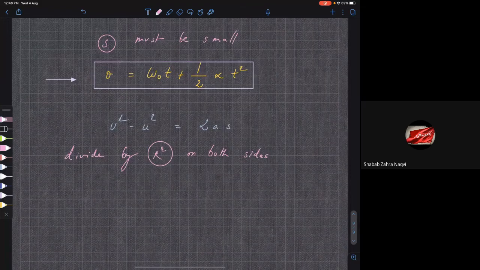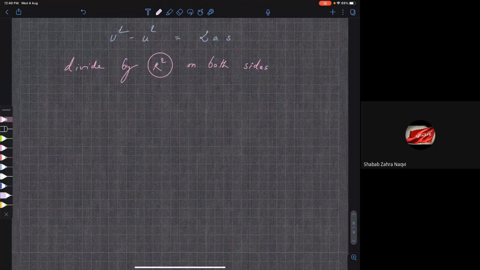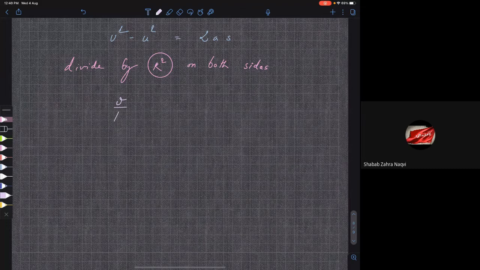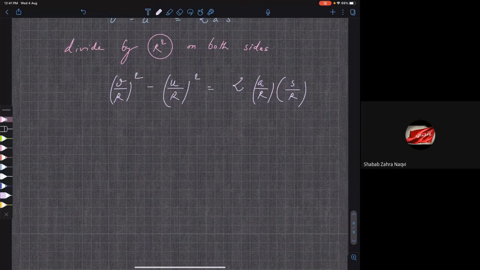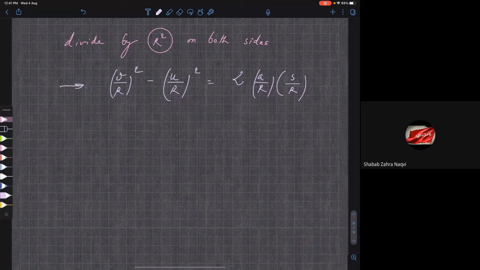So what do you get here? v by r whole square minus u by r whole square equals 2 a by r into s by r. So what is the conclusion here?